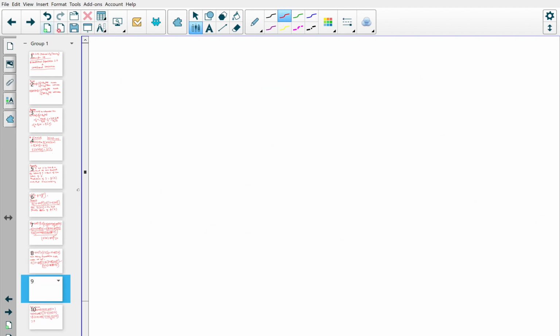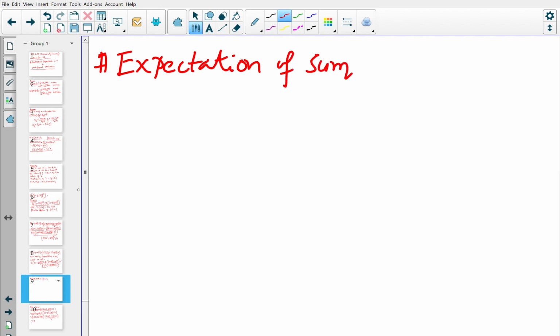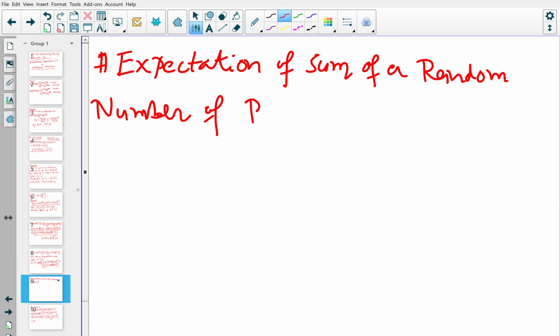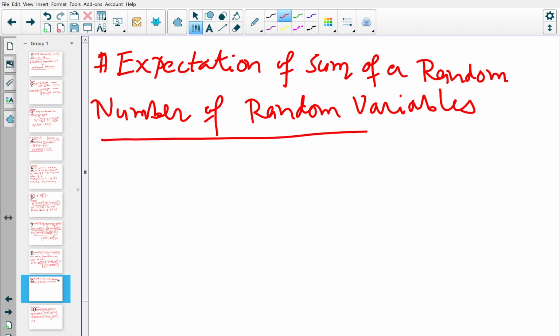One more thing we need to discuss is the expectation of a sum of a random number of random variables. Okay, this is very interesting.